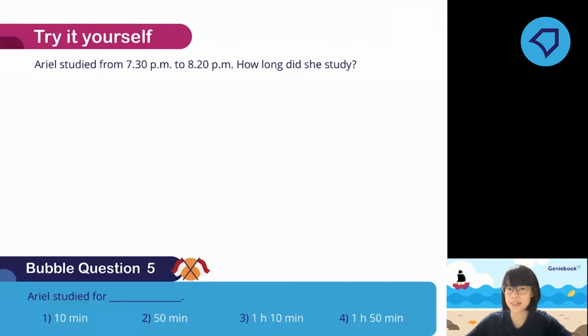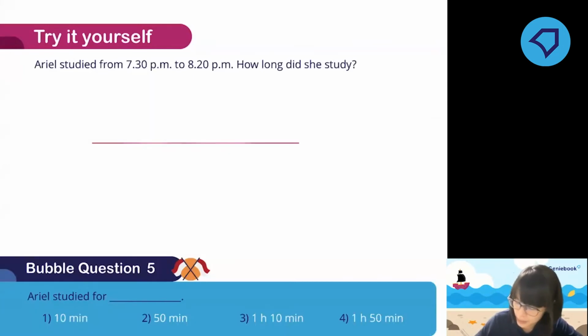All right, so this one is a little bit confusing. 7:30 to 8:30 is 1 hour. So is this at least 1 hour or is this less than 1 hour? So what you can do is, this is 7:30 p.m. You want to end at 8:20 p.m. We are going to find the middle one here first, okay?